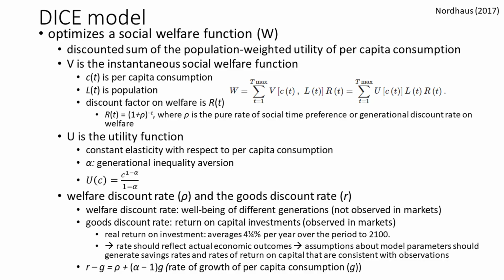But let's go back to economics. So we can see that now we have this fancy welfare function here, and still we can say that some components are still not defined. So first of all, we have this discount rate, which we can see is related to the generational discount rate on welfare.